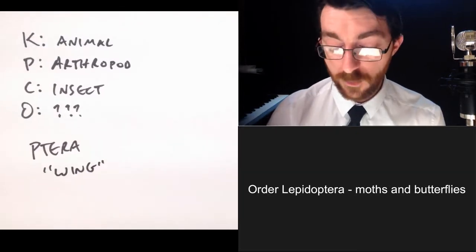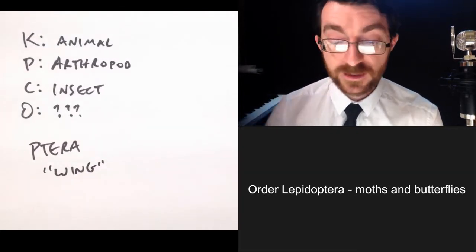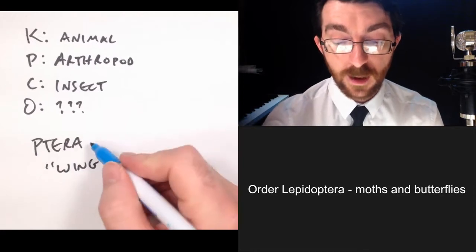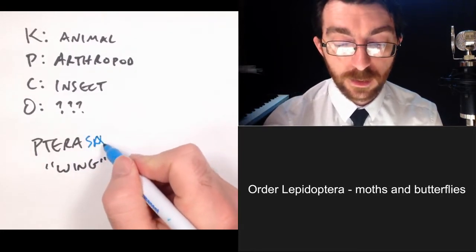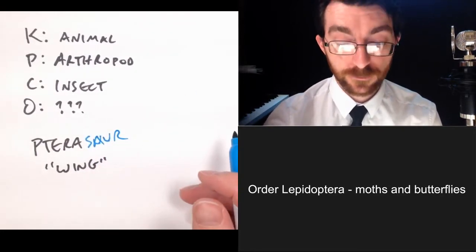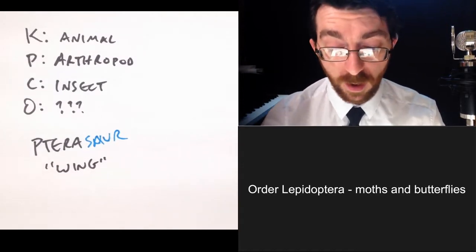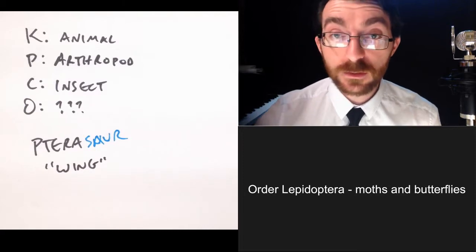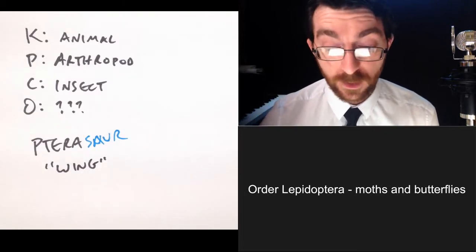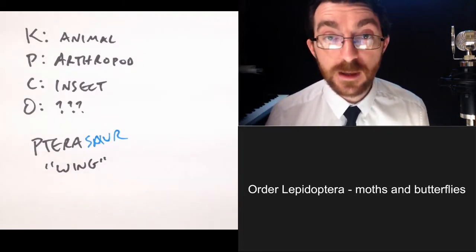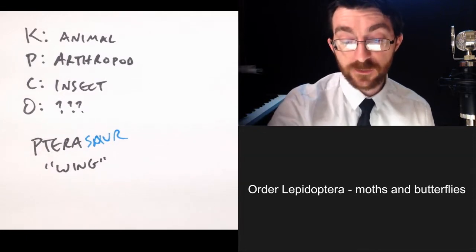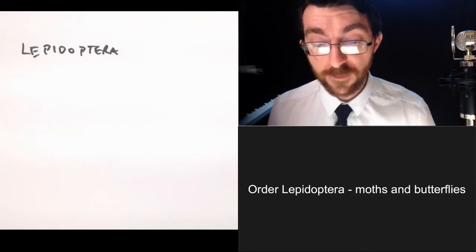And you might recognize that as being part of the name of, say, winged lizard, pterosaur, right? Or pterodon, wing tooth. Pterodactyl, winged finger. These are names maybe you've heard from dinosaurs. So whenever you see ptera, that means wing.